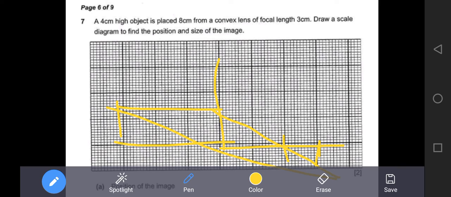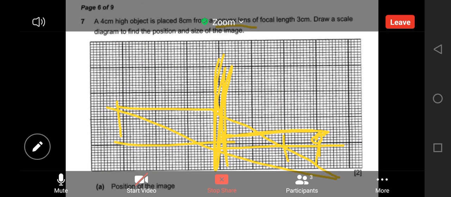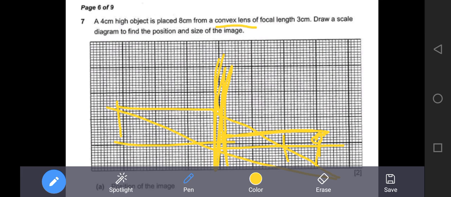So when you say position, remember that there's this convex lens. So you measure from the convex lens. The convex lens is this one. So if this image is here, you measure from here to there. This distance, you can see it. Yes, I can see now. This distance from here to there.